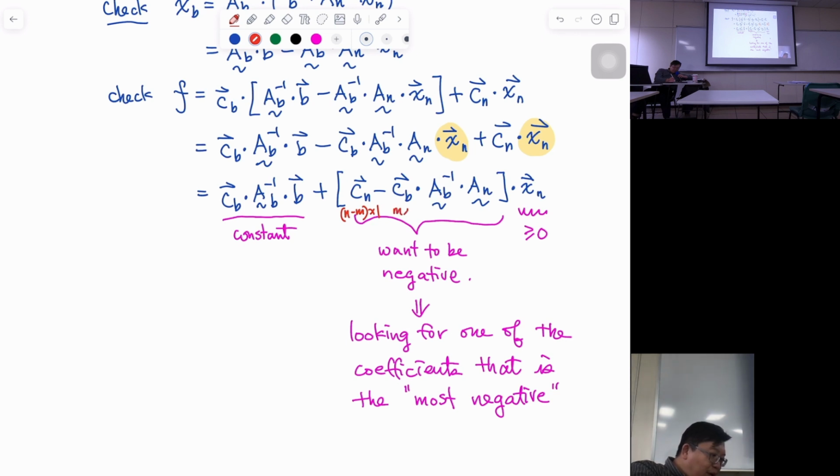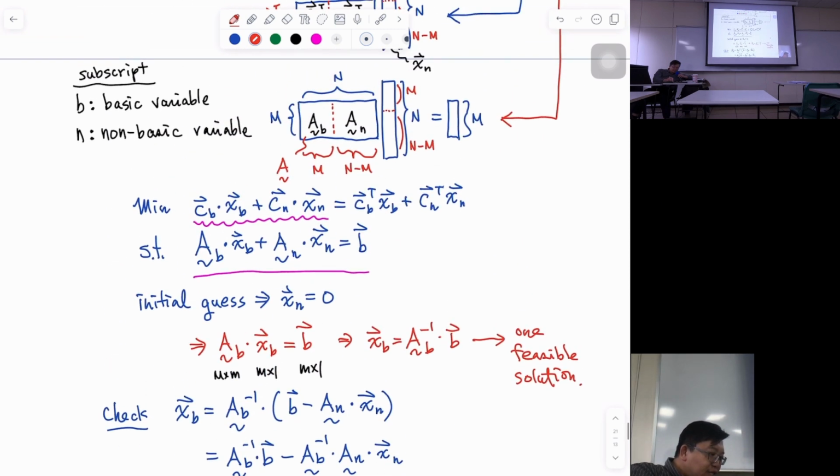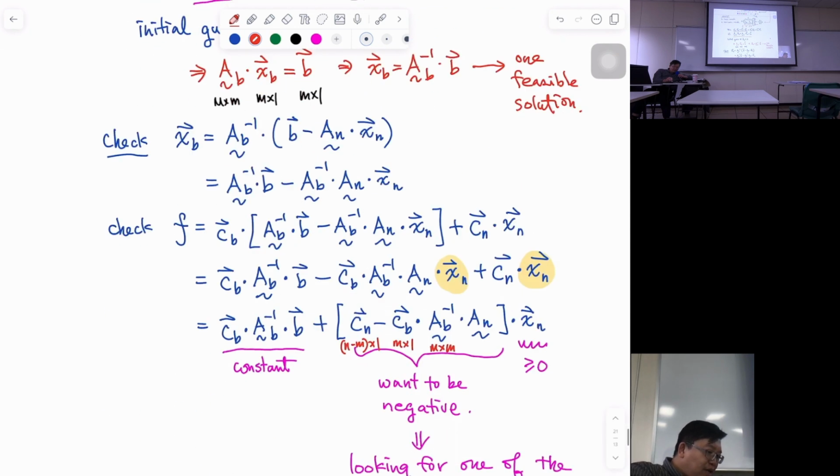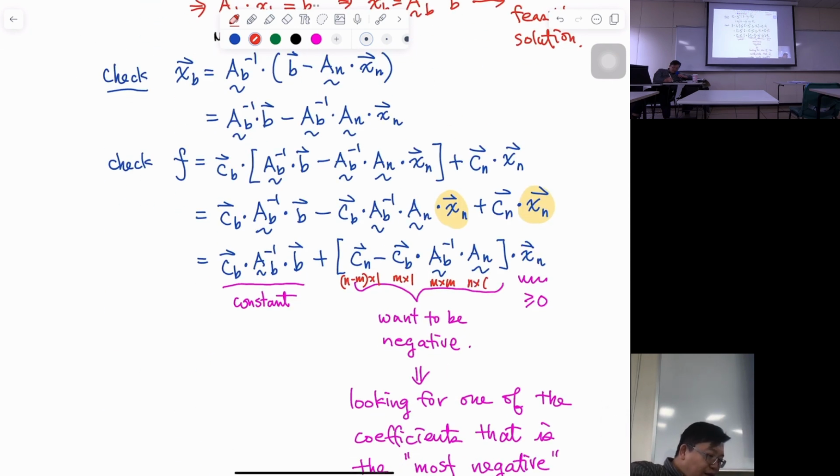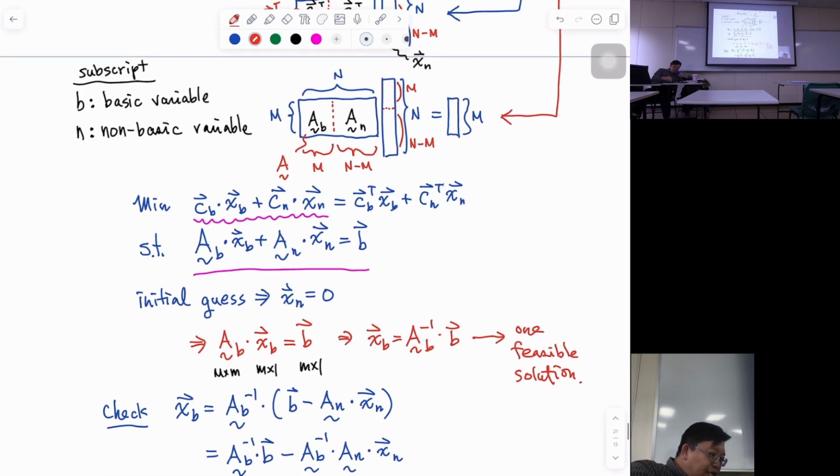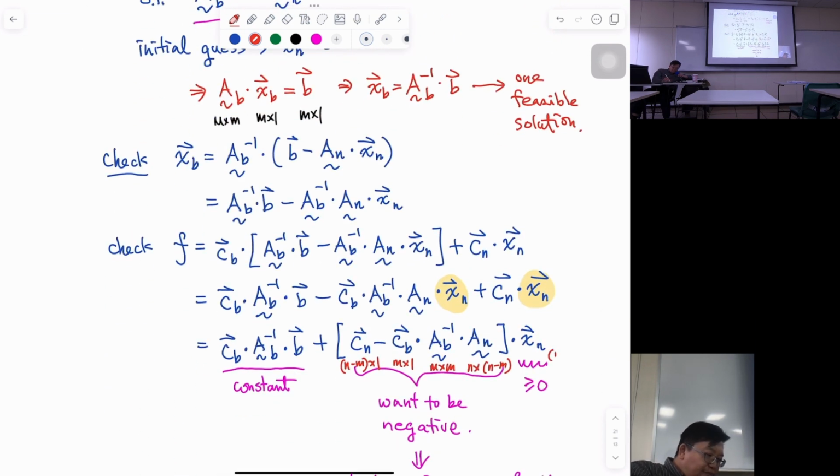CB is m by 1. AB is m by n. Even its inverse is m by n. AN is n by n, okay, n by n minus m. I just want to check on the dimension of this at the end. What is xn? Xn is n minus m by 1.